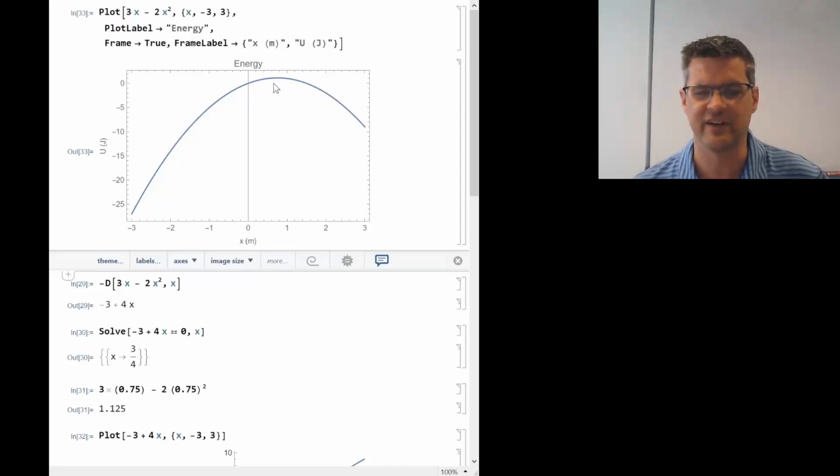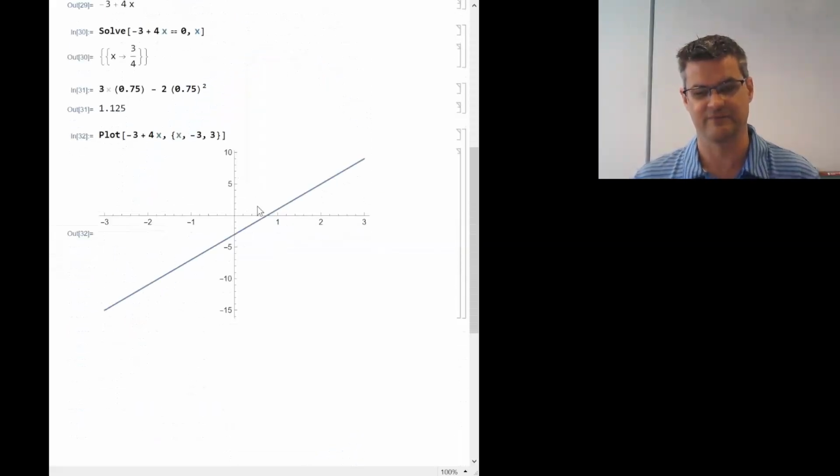Okay, so this is our energies, and as we might expect, anything to the right of 0.75 is going to make the ball go to the right. Anything to the left of it is going to make it go to the left. Forces to the right are positive on this side. Forces on this side are to the left, or negative.